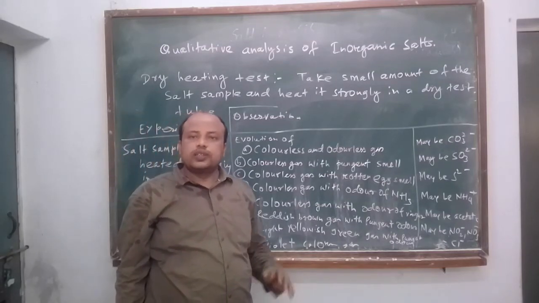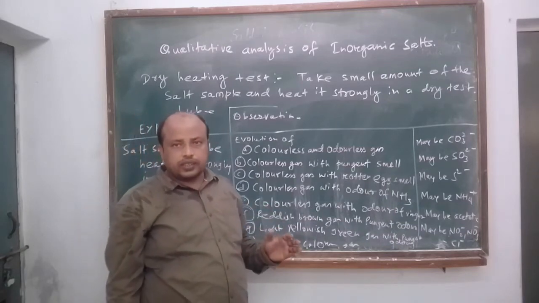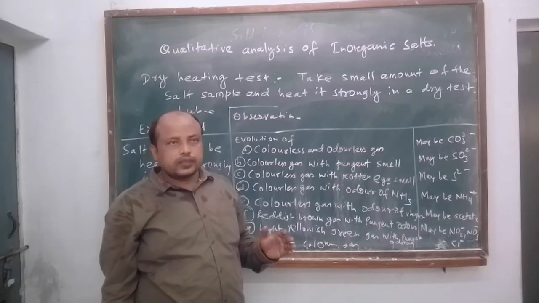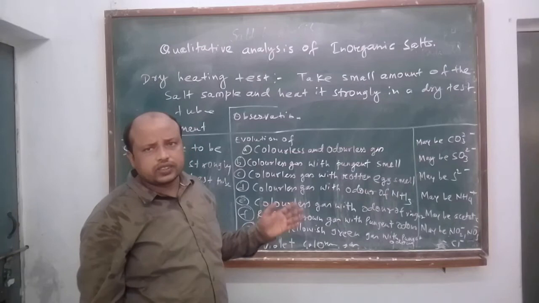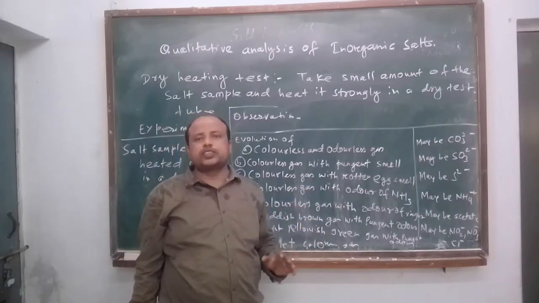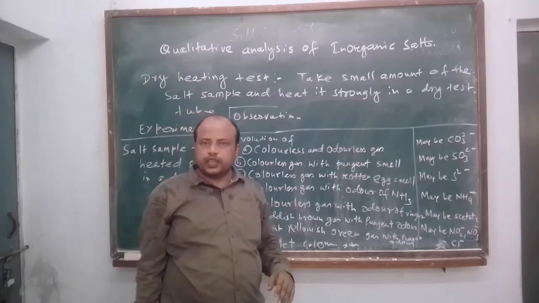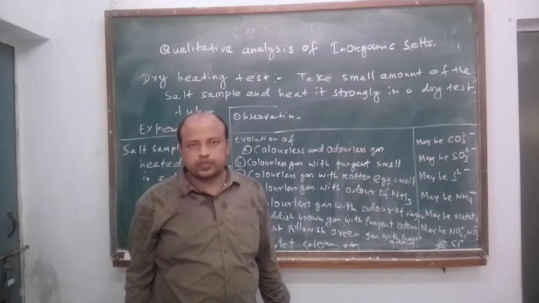So these are some of the methods by which we can determine the cation or anion present in the given salt sample. But that is not a confirmatory test; these are called preliminary tests, which means we can determine by physical appearance, by the smell or by heating it.